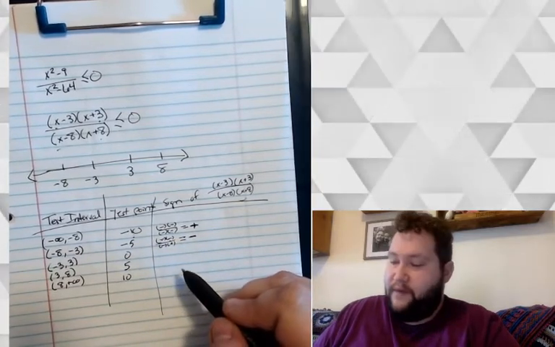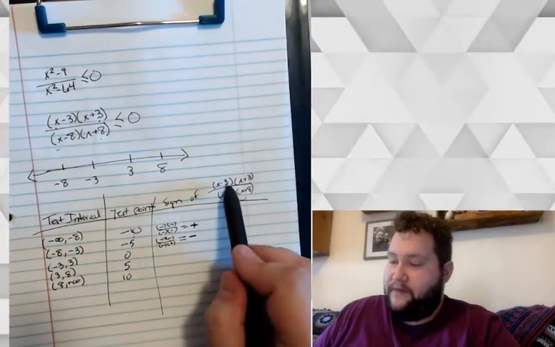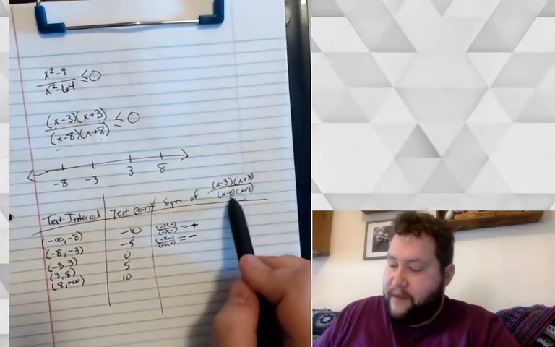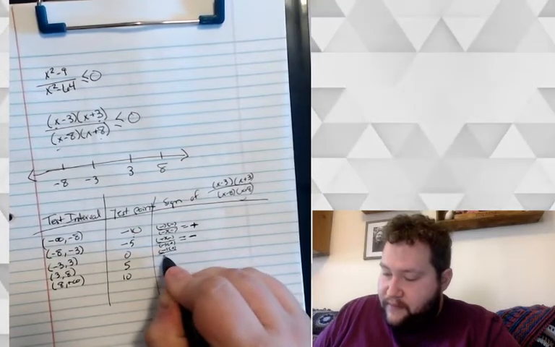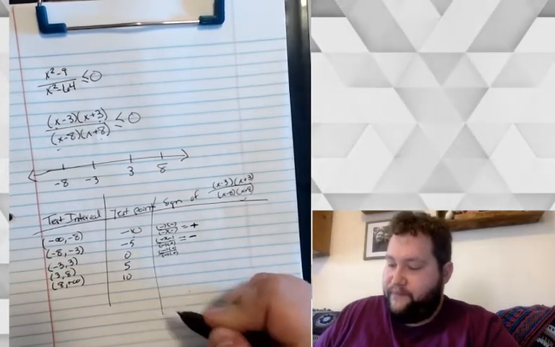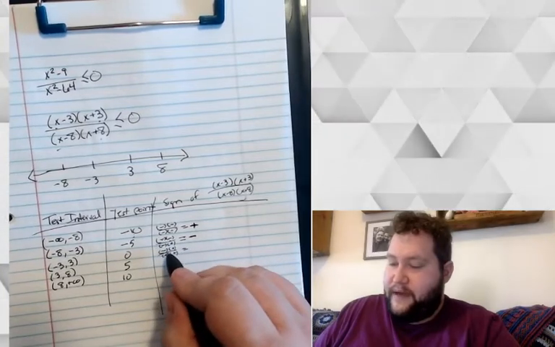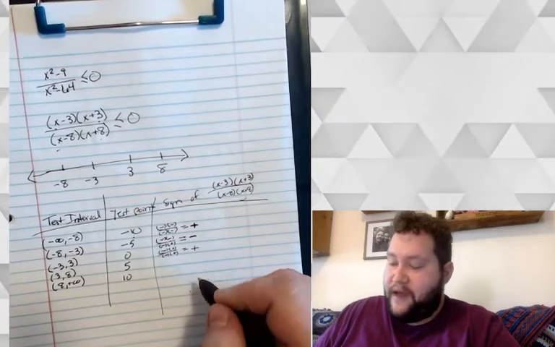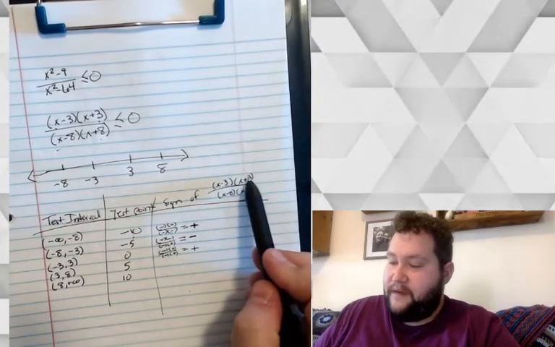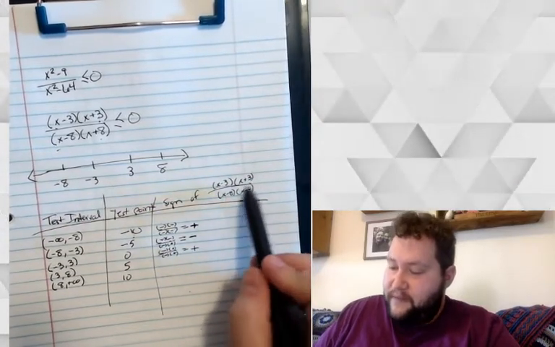When it's 0, we have negative, positive, negative, positive. So a negative over a negative is positive. When it's 5, we have positive, positive, negative, positive.